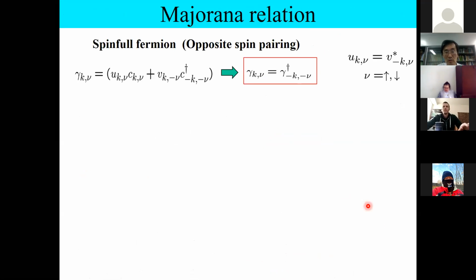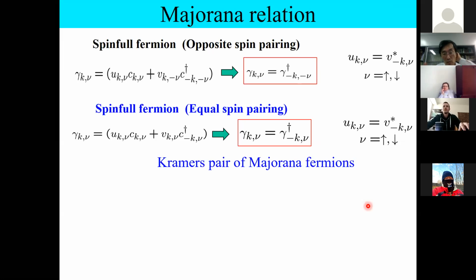Opposite spin pairing satisfies the first relation for both spin singlet and triplet. If we consider equal spin triplet pairing, this other relation is satisfied. So if the Hamiltonian can be decomposed into up and down spin sectors, this zero energy state can be regarded as a Kramers pair of Majorana fermions, a little bit complicated Majorana fermions. It has spin degrees of freedom.